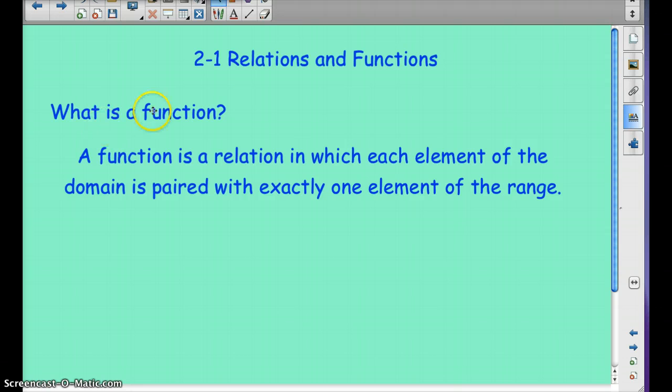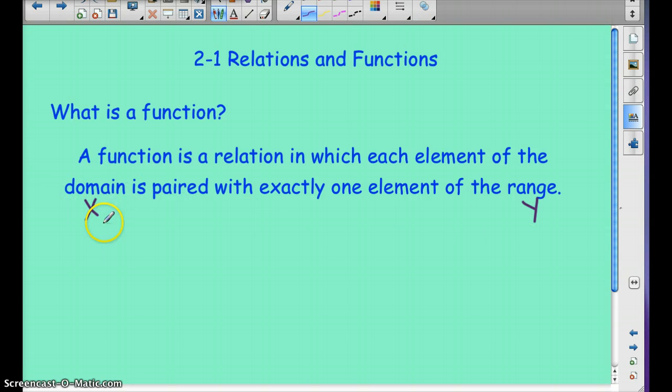So what is a function? That's what we're going to start out with. And you probably heard this before in Algebra 1. But a function is a relation in which each element of the domain is paired with exactly one element of the range. So when we are looking at that, we have to remember that the domain are our x values and the range is like our y values.